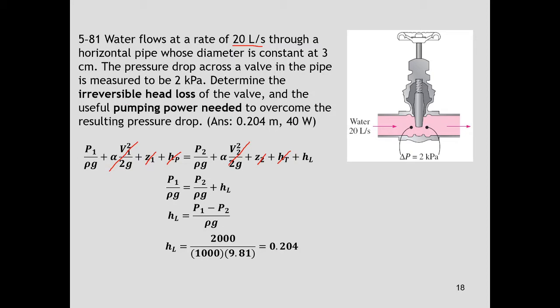Okay, irreversible head loss. The second question is the useful pumping power needed. You already know W pump equal to V dot times delta P. So V dot equal to 0.02 times delta P of 2000. Then the work pump needed here is 40 watt.